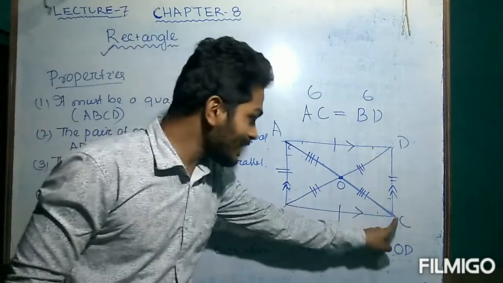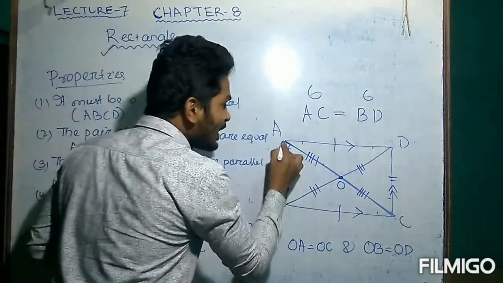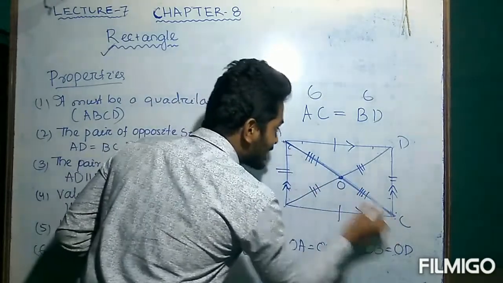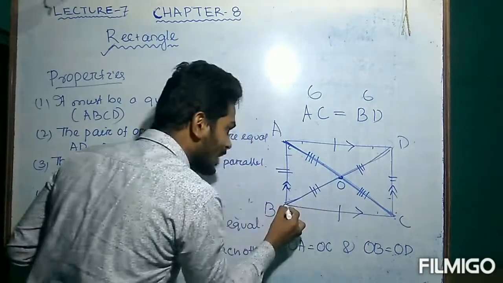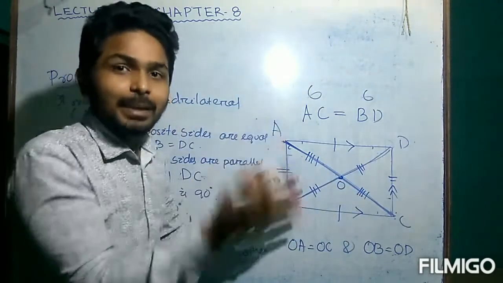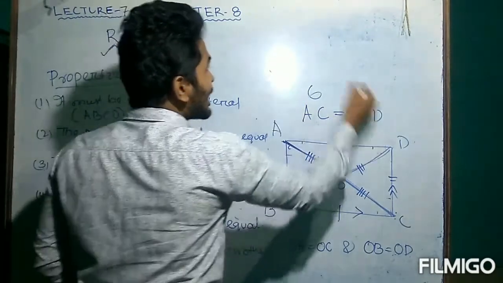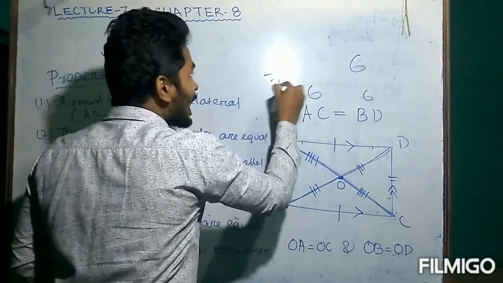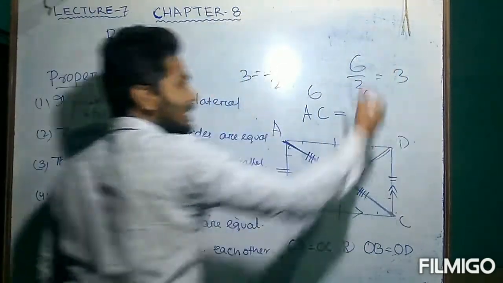But what do we know? We know that the length of AC and the length of BD are equal. Okay. So if we take half of this AC, then we will get AO. If we take half of BD, then we will get BO. Since AC and BD are equal, their halves must be equal. If AC is 6, BD is 6, then if we take half of each, we will get 3 here, here also we will get 3.